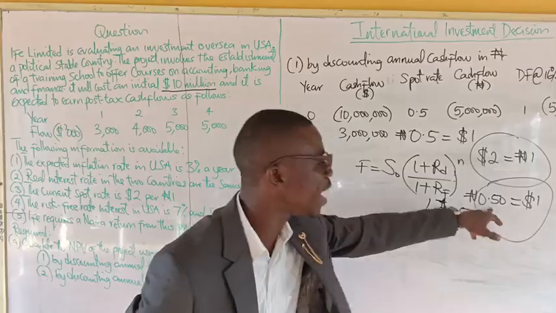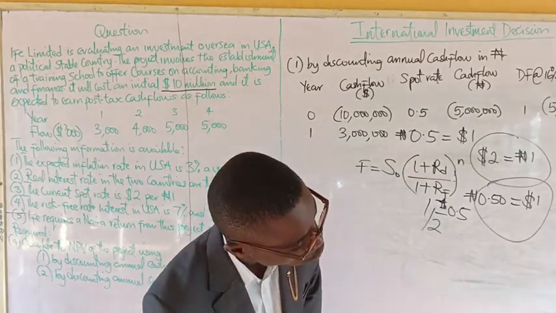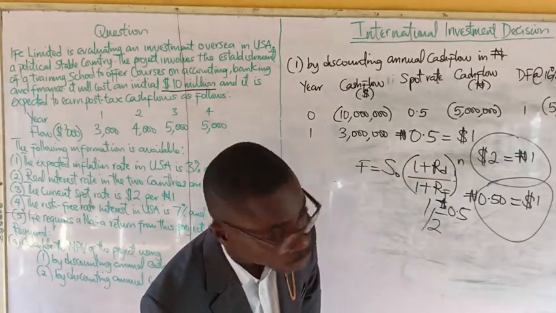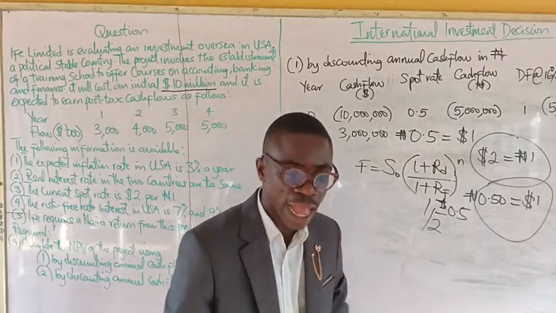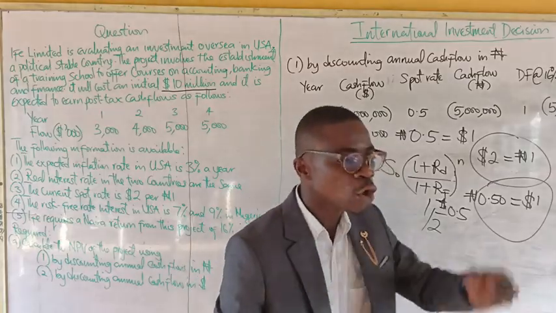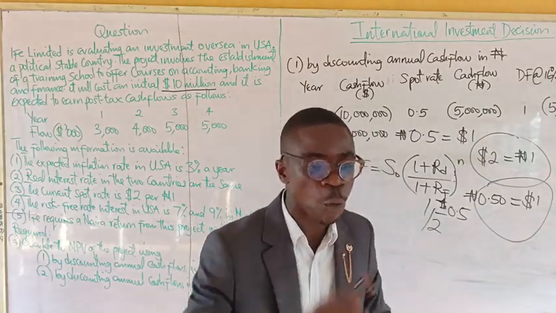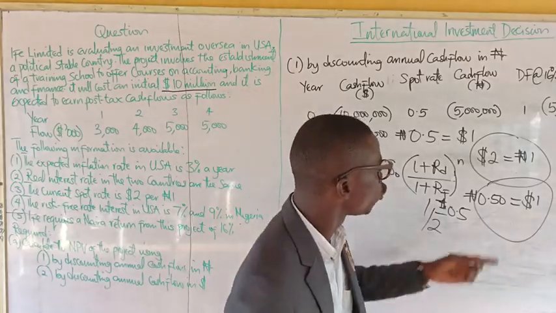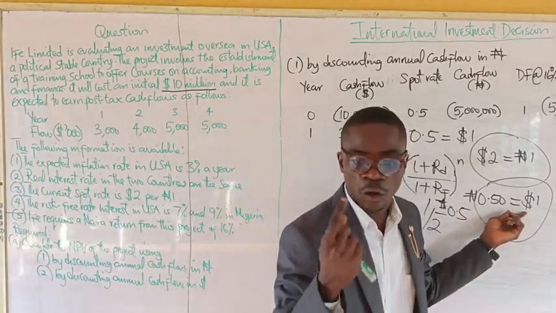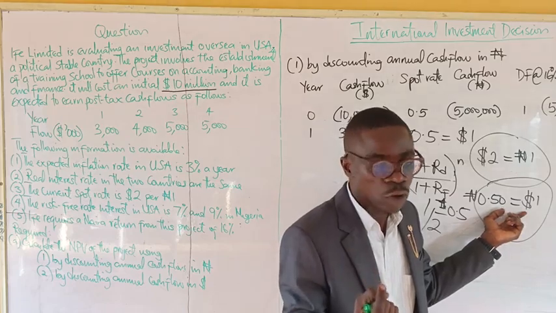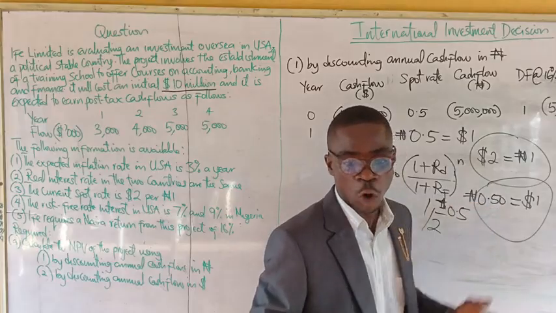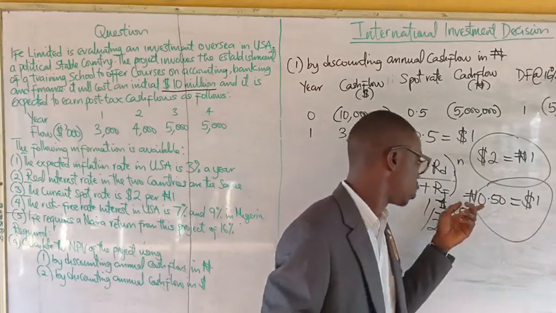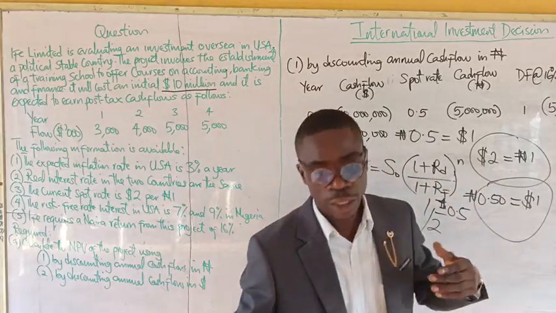Is it direct or indirect? This is direct. Don't forget, direct says the number of domestic currency that is needed for 1 unit of foreign currency. So the equivalent cost of $1 is 0.50 naira.